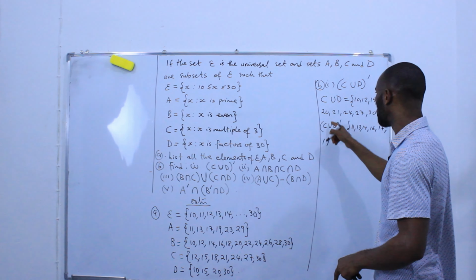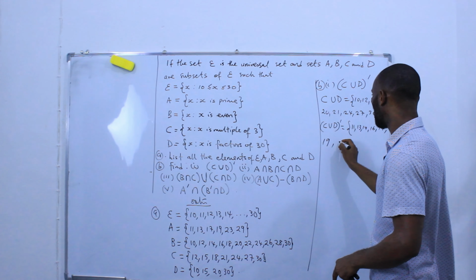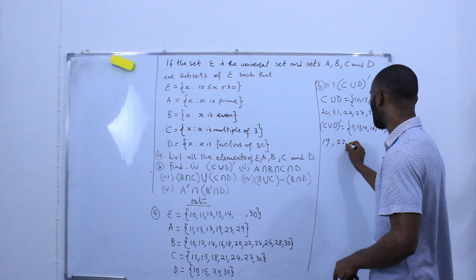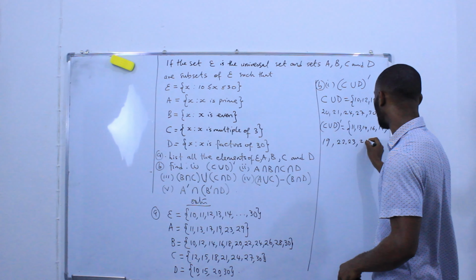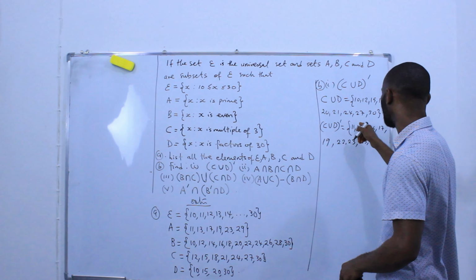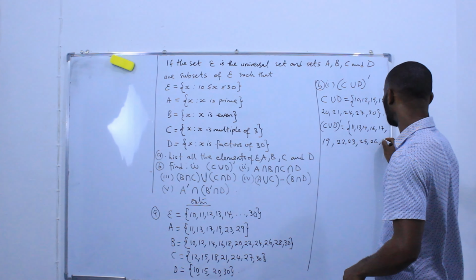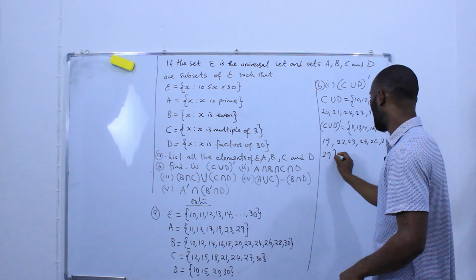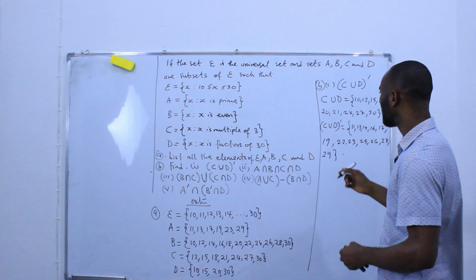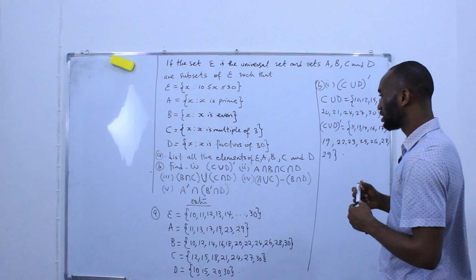We have 22 and 23, 25, 26, 28, and 29. Okay, so this is C union D complement.